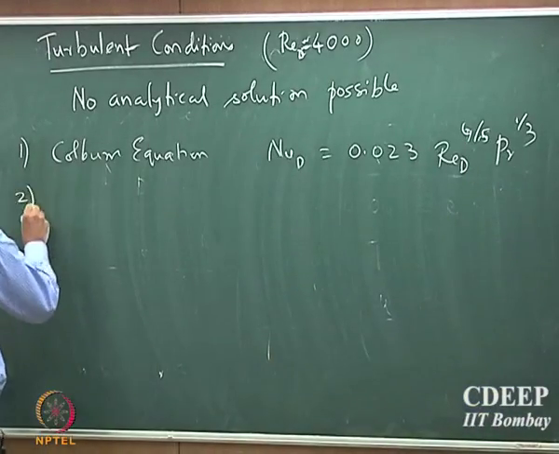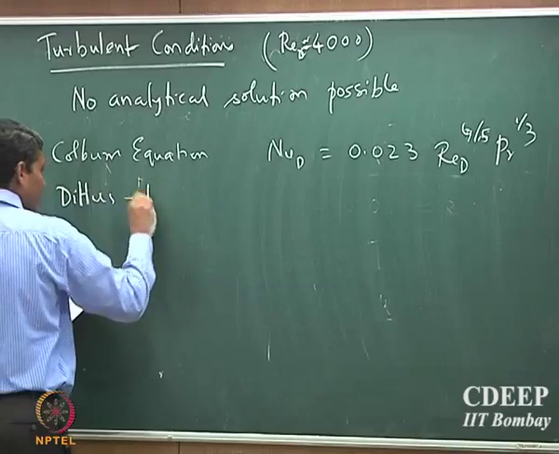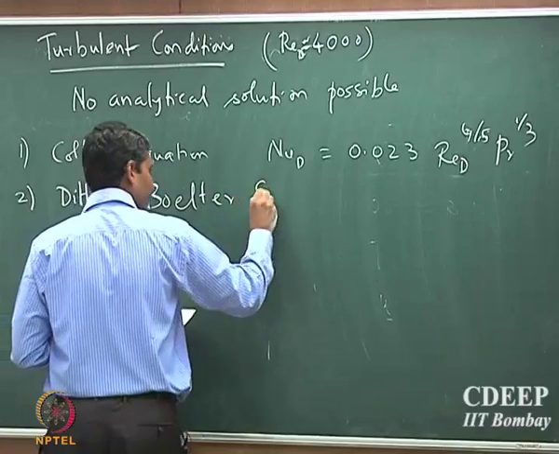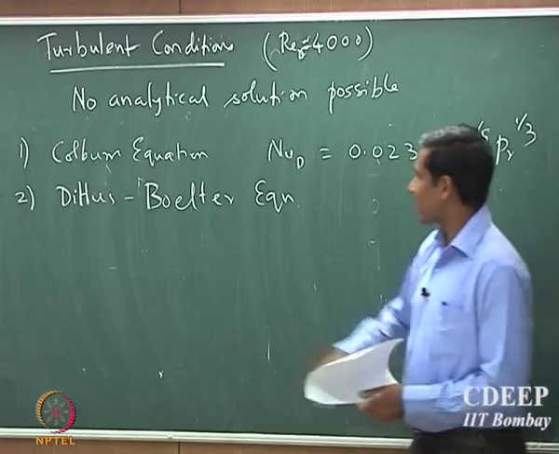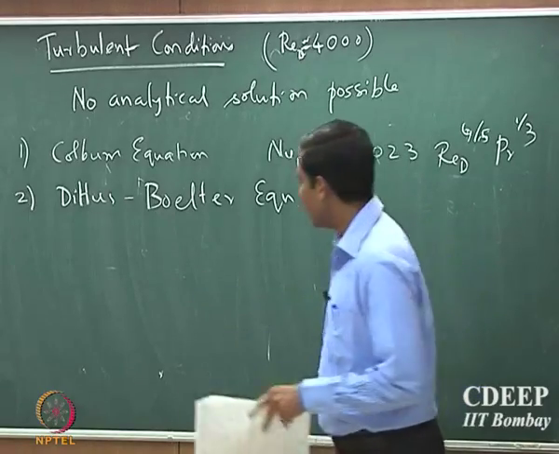And a general correlation is called the Dittus-Boelter equation. So this is actually something which is very widely used. Dittus-Boelter equation is very widely used, and in fact you must have seen this in your turbulent flow experiments, those who have already performed it.